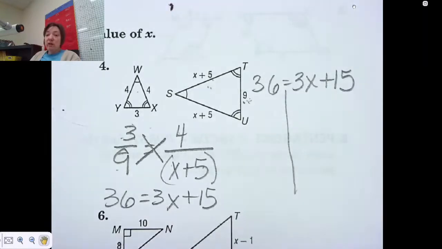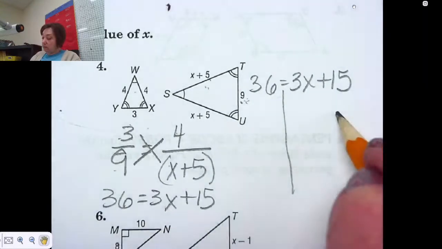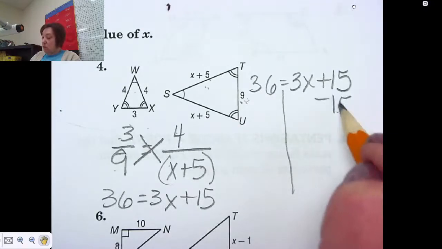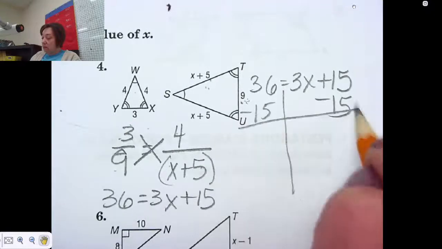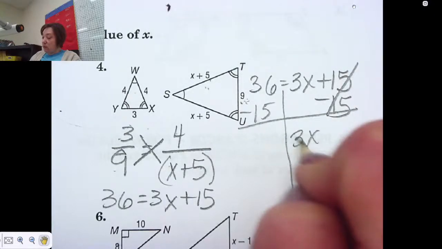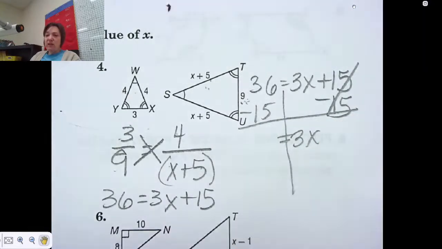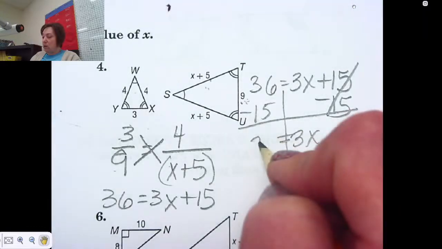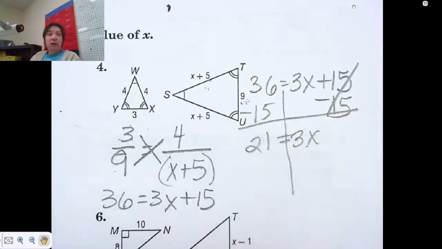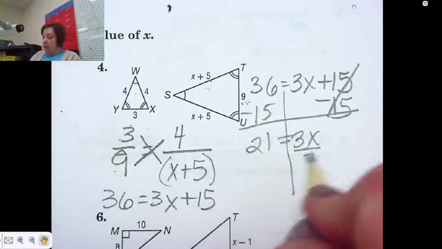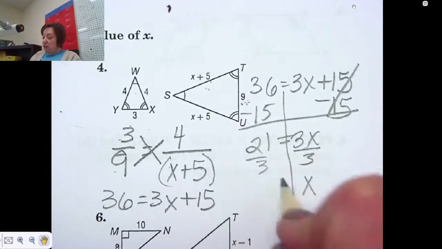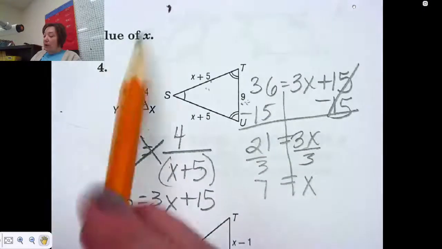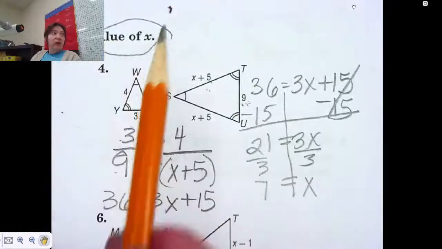So what do we do to solve this? Subtract 15. And then we'll divide that by 3. So what is 36 minus 15? 21. Yep, 21. And then what? Divide by 3. And what is x? 7.